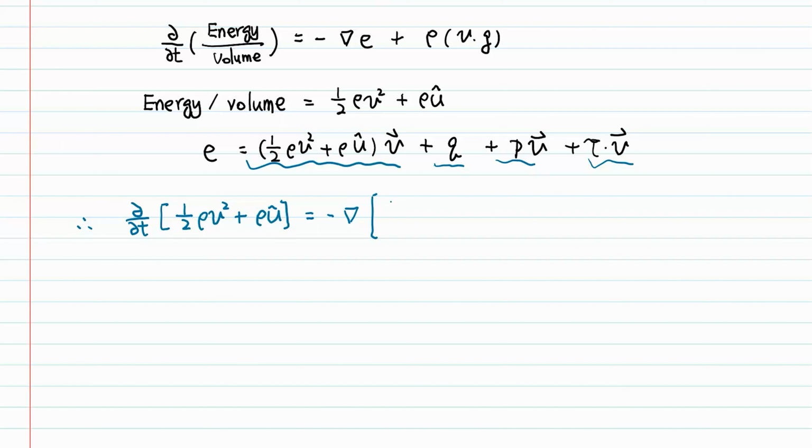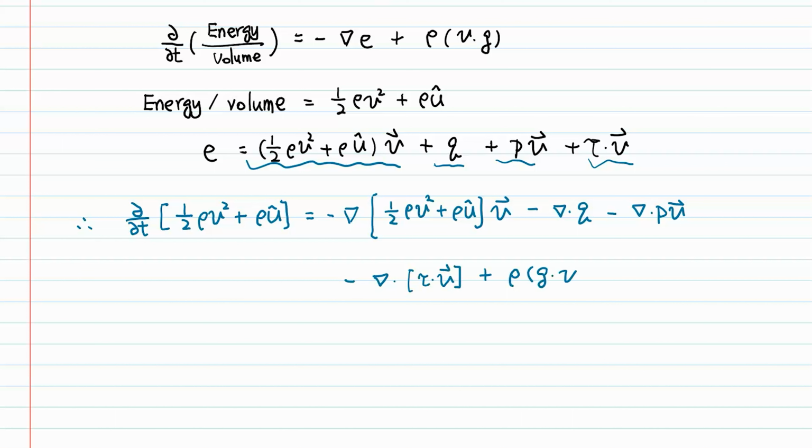We have 1/2 rho v squared plus rho u, times velocity, minus the gradient of heat, minus the gradient of PV work, minus work by viscous force, and also the last term here, which is other external forces like gravity.